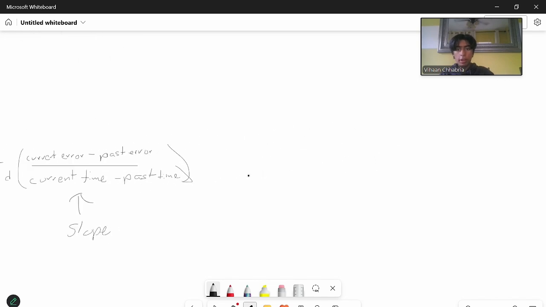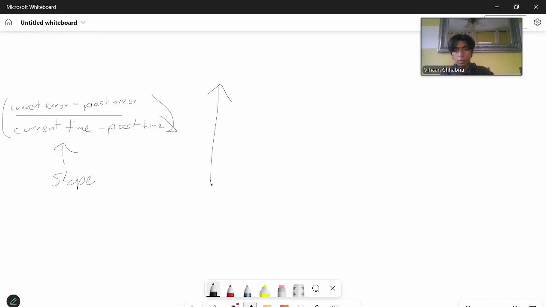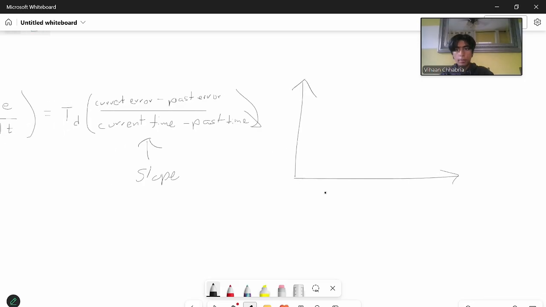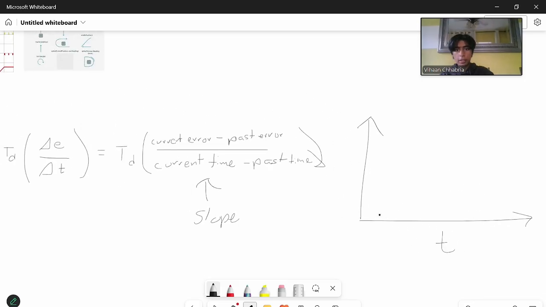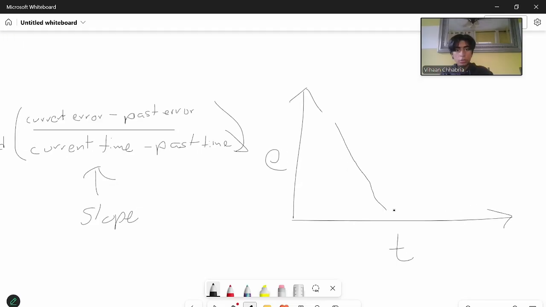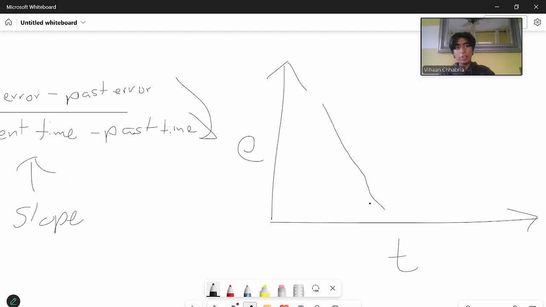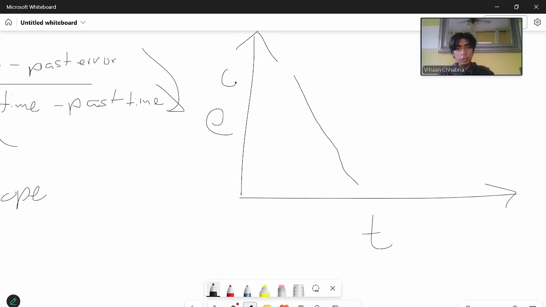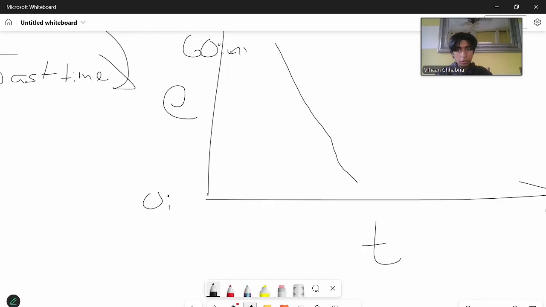So in our graph, if this is time and this is our error, if the error is decreasing, meaning the distance between the set point and our current point is decreasing, let's say that up here was our 60 inches point, our error of 60 inches, and down here is 0 inches, right?